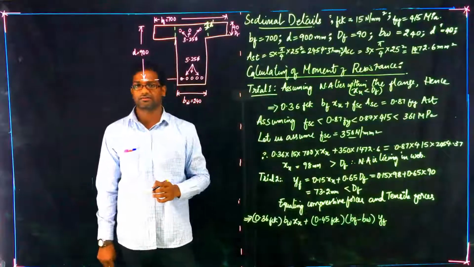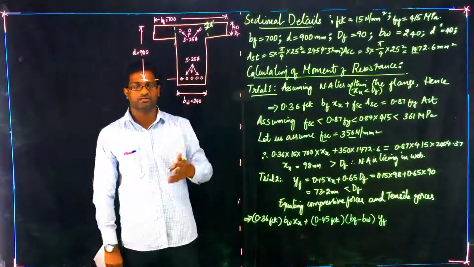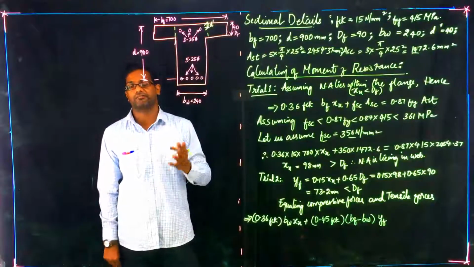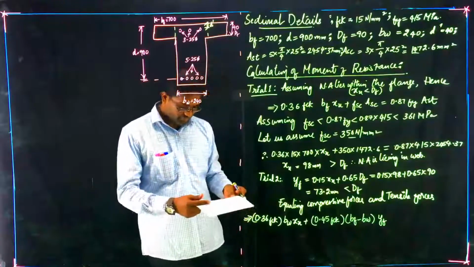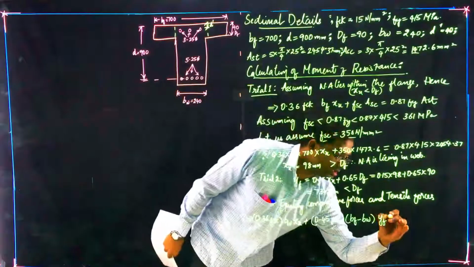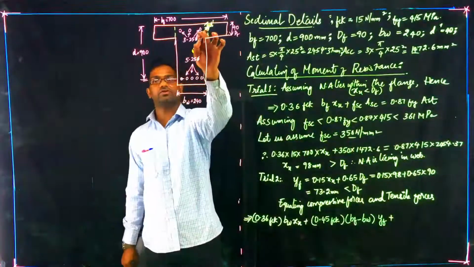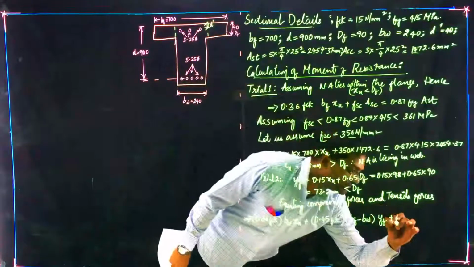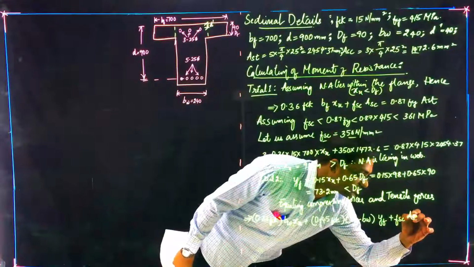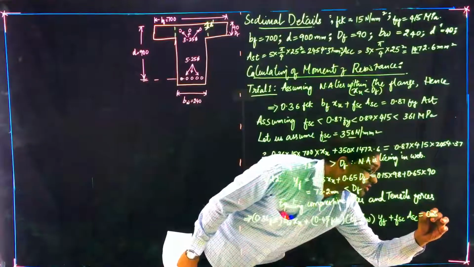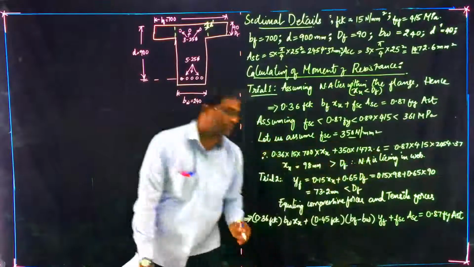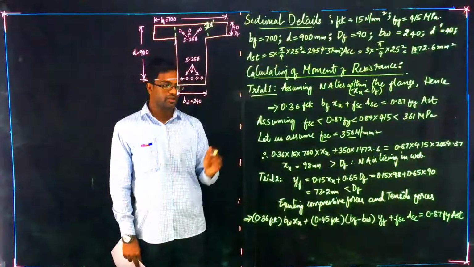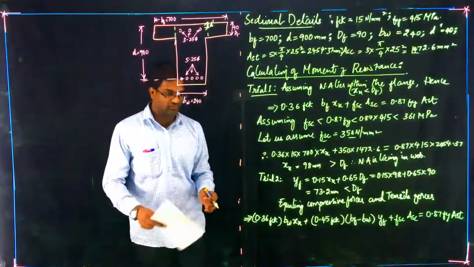We are taking it assuming that the neutral axis is more than DF by XU or 0.43. Not just that, you have compressive reinforcement also. We have FSC ASC, which equals 0.87 Fy AST. This is the equation. Now we will substitute all the values.